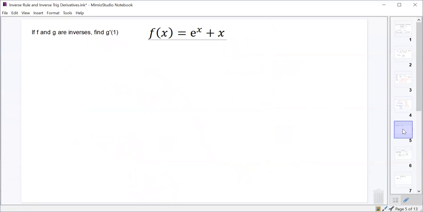So we have f and g are inverses, and we want g prime of 1, and here's our f of x function. How are we going to go about this? Any thoughts?